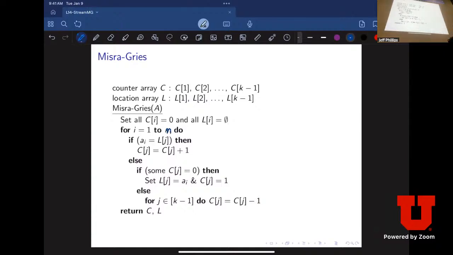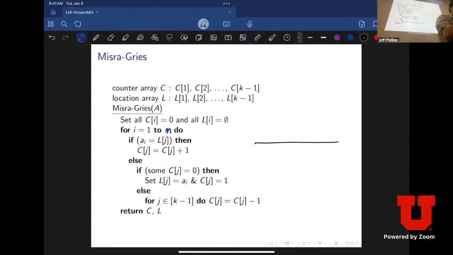If it matches a label, I increment the counter. If it doesn't, and some counter is equal to 0, then I can replace it: I take it over and set the counter to 1. Otherwise, for all of the counters, I decrease them by 1. So this is the same algorithm, but written more clearly than I tried to squeeze in at the bottom of the slide.